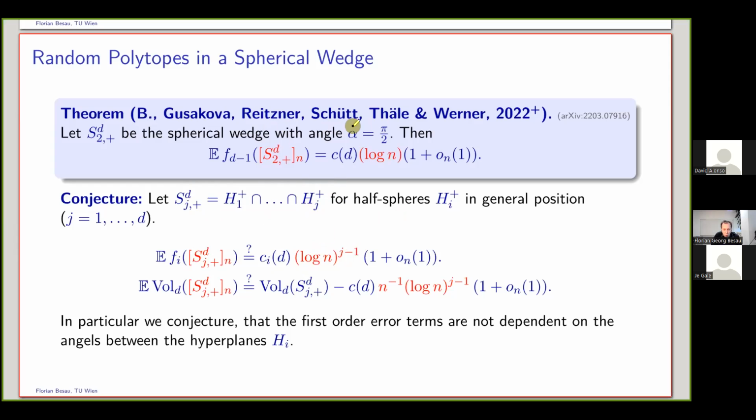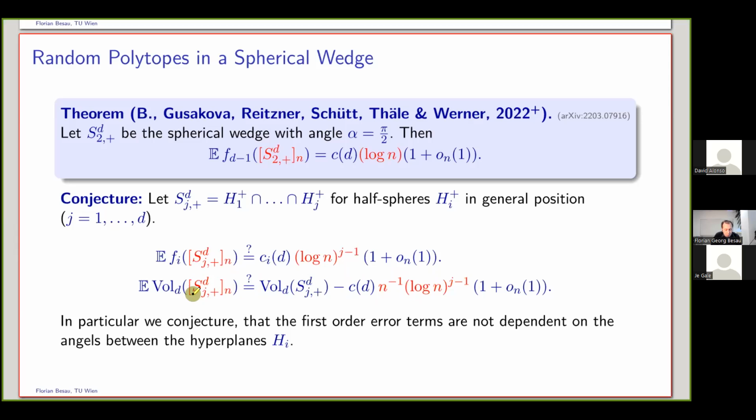So if you have two of them, like here, then you would get 1, j minus 1 is 1. And if you have more up to d, then you would get up to the polytopal case again. And from the 0 case here, using Efron's identity, you would also see the volume case.